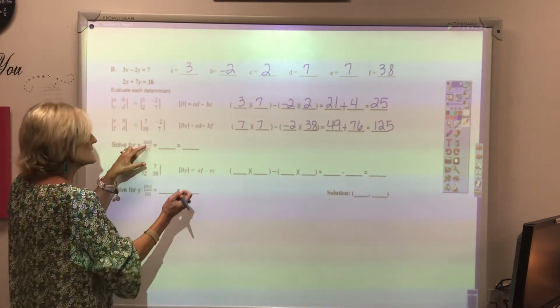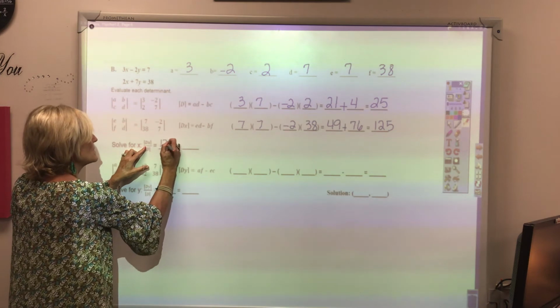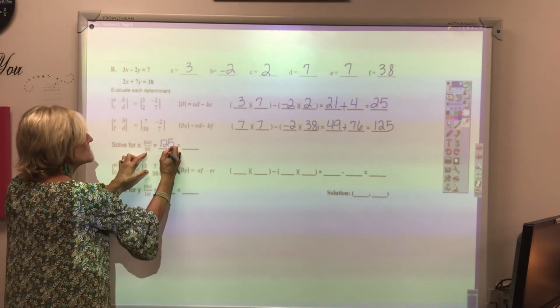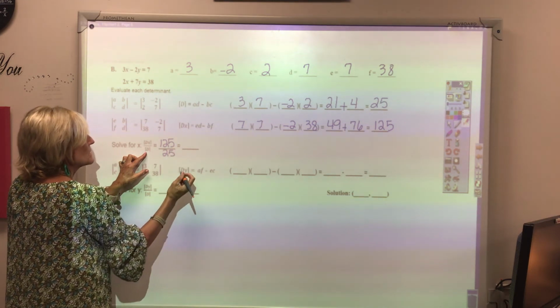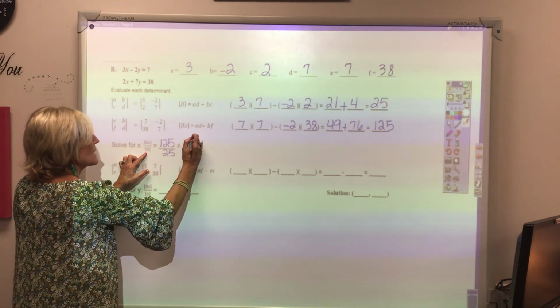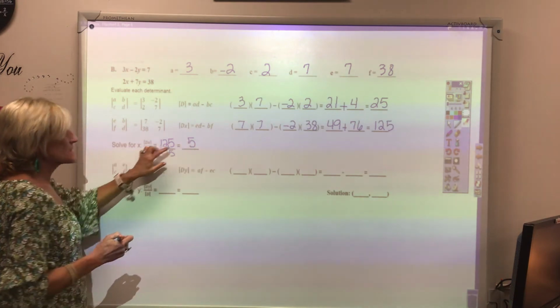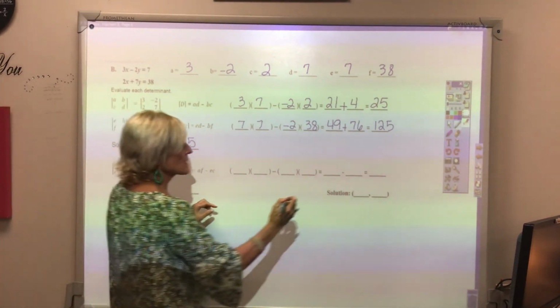And we take the D of x, 125, divided by the main determinant D of 25. 125 divided by 25 is 5. So x is going to be 5. I'll just go ahead and write it in.